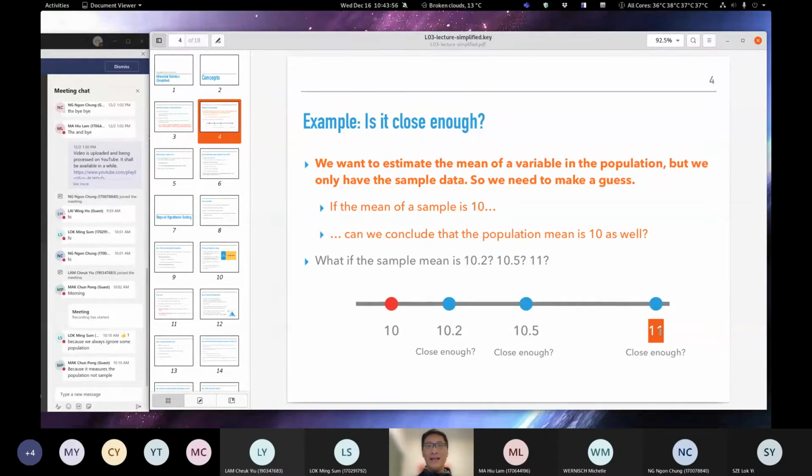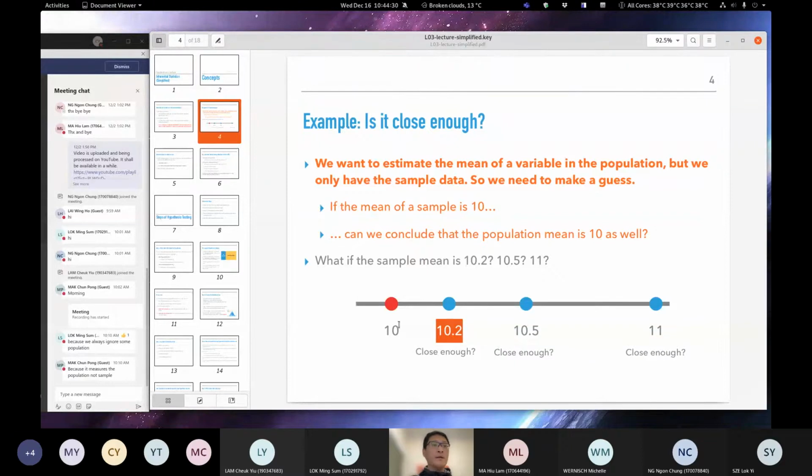So I don't think I am very likely to make a mistake if I say that the population mean is not equal to 10. But if the sample mean is only 10.2, which is very close to the number 10 here, then if I say that the population mean is not equal to 10, I think that I might be more likely to be saying something wrong, or the probability of making a mistake is larger in this case.